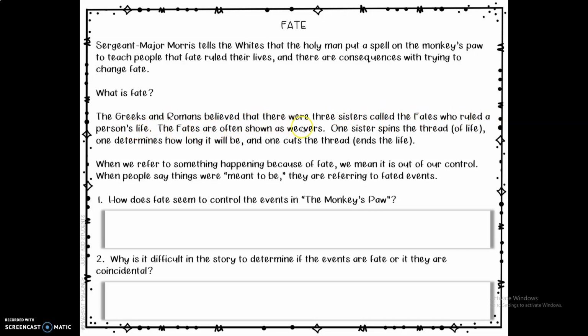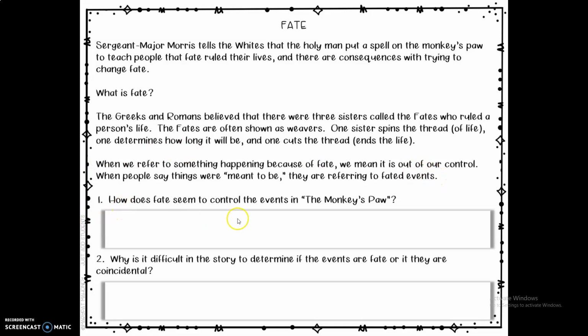The Fates are often shown as weavers. One sister spins the thread of life, one determines how long it will be, and one cuts the thread, which ends the life. When we refer to something happening because of fate, we mean it's out of our control. When people say things were meant to be, they are referring to fated events.